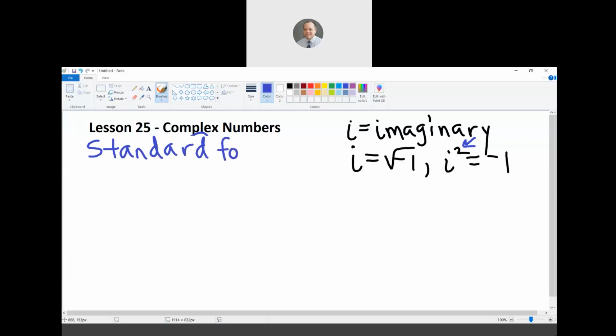And standard form is just simply a plus or minus bi, in which a represents the real part of your answer and bi represents the imaginary part of your answer.